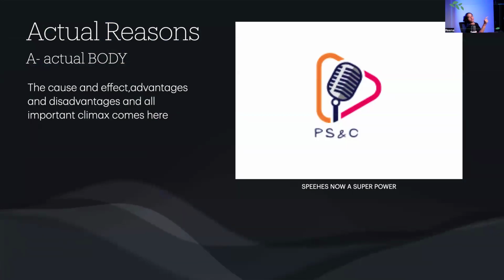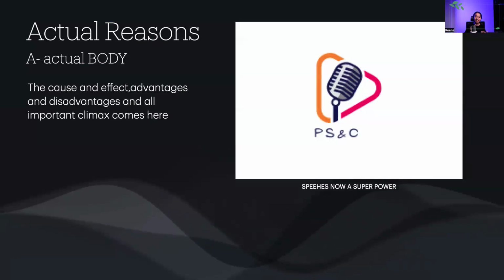Now we have A for actual reasons. This is the main part in a speech, the body. So, actual reasons is the actual body: the cause and effect, advantages, disadvantages, pros and cons, the important climax if it's a story.